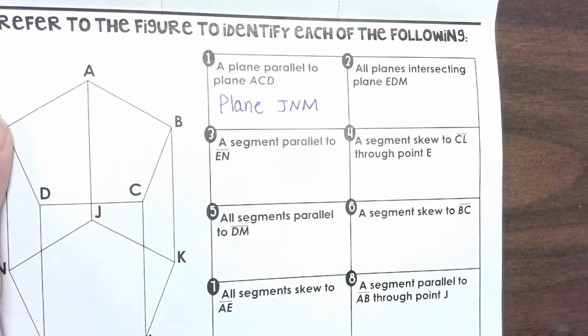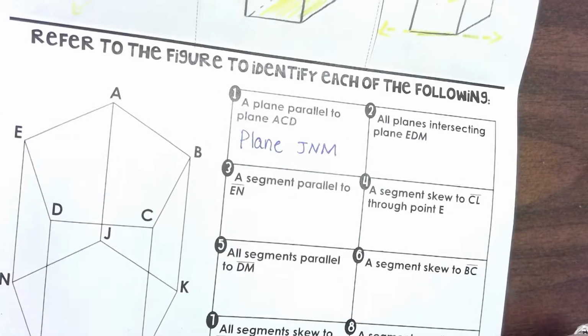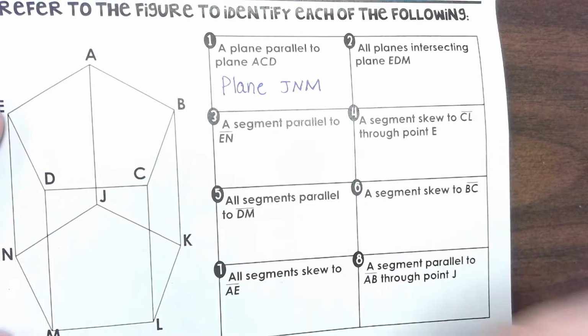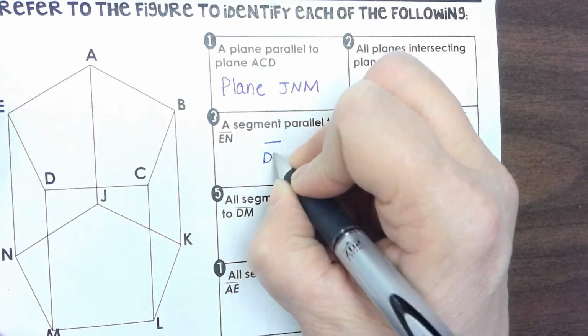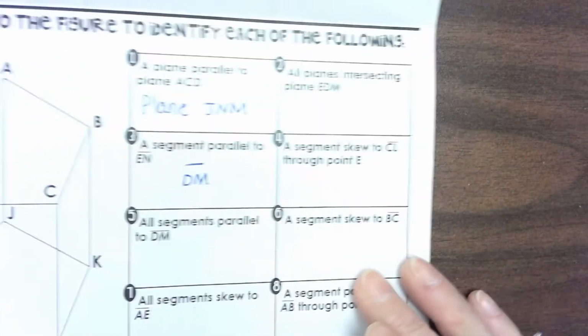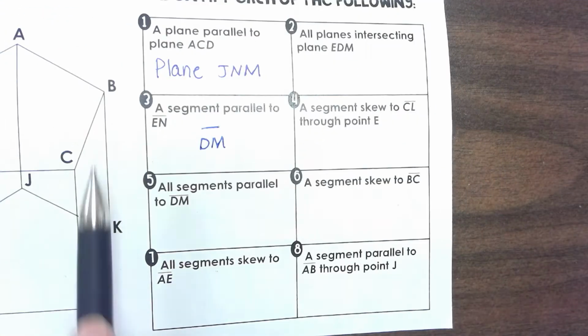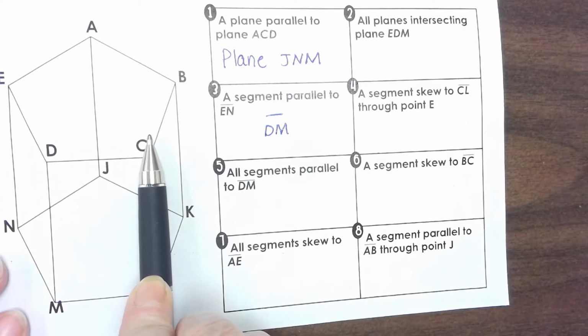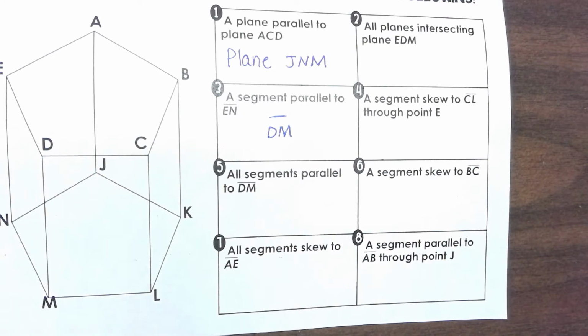Parallel to that, there's multiples. Check one of the side links or the segments going up from the bottom to the top. So we're going to put DM. Okay, segment skew to CL. Okay, so here's CL right here. Skew to, I'm going to choose AE.